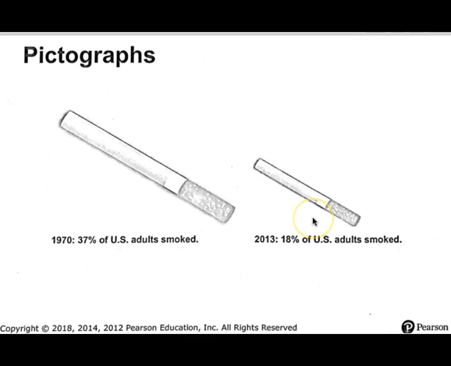So you may not realize right away what's wrong with these, because if you look, okay, well 37% is obviously much bigger than 18%, and when we look at the picture, the size, we can definitely see that it's a lot bigger. And notice we've got copyright giving credit here to our source. This is their picture, not mine.